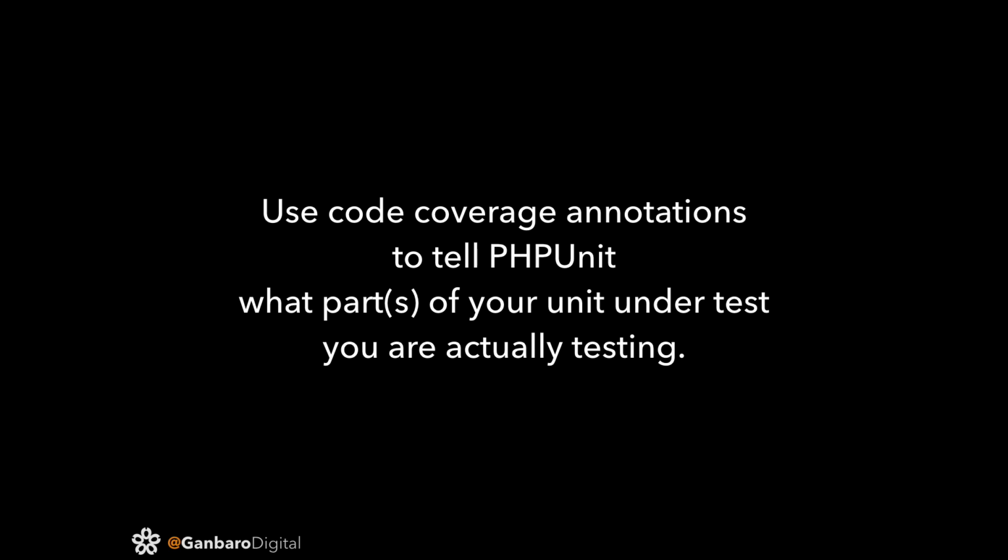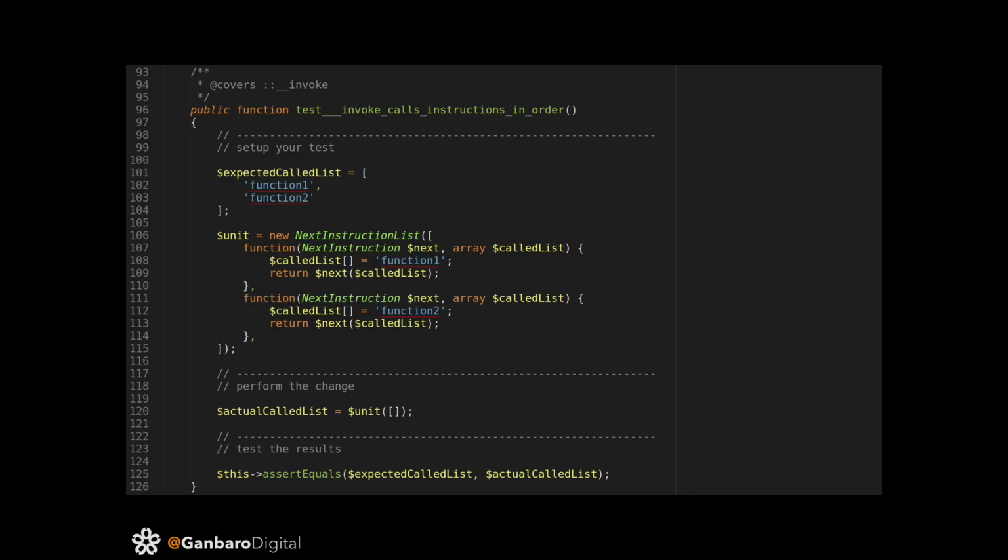Those of you who do PHP unit testing, do you all know what code coverage annotations are? Yep. Okay. For everybody else, and this is where the light is against me, but the slides are up online. Right up here, hidden in the corner, there's a little annotation that tells PHPUnit which method of my code this test is meant to test.